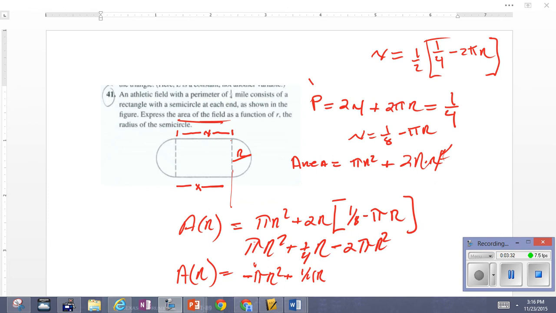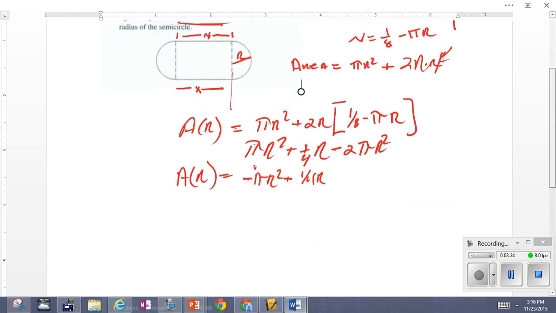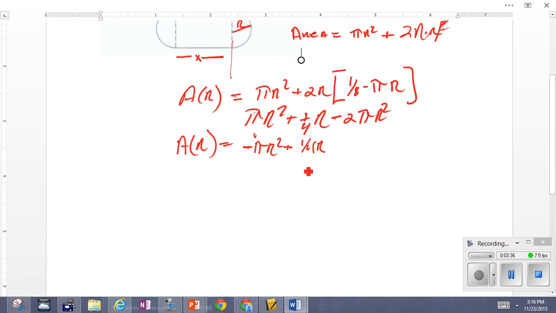Now, the most interesting thing about this right here is that you should agree this is quadratic. So if it's quadratic, r can be determined by negative b over 2a, which is to say, negative b, that's negative 1/4 over 2 times negative pi.